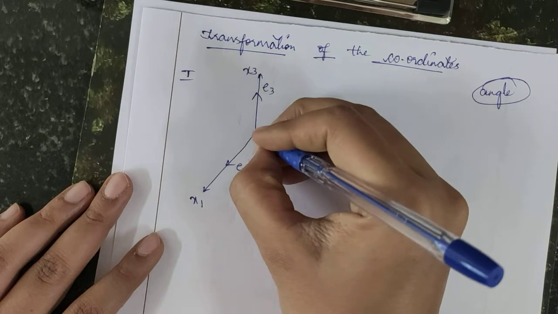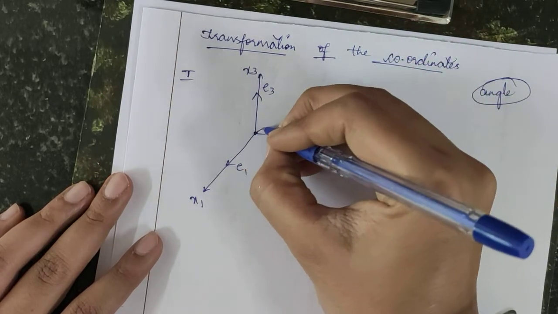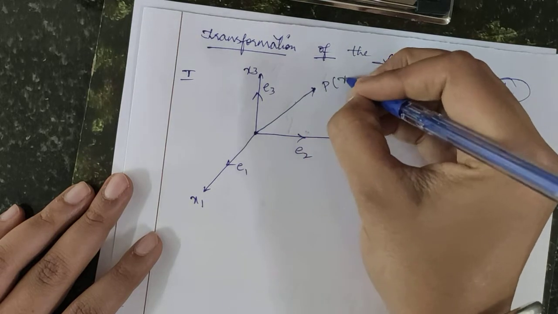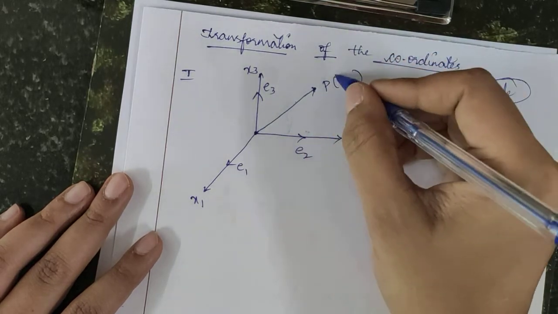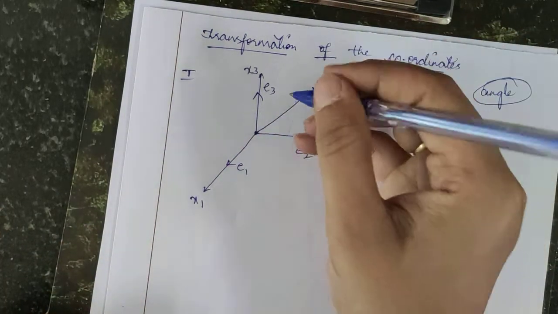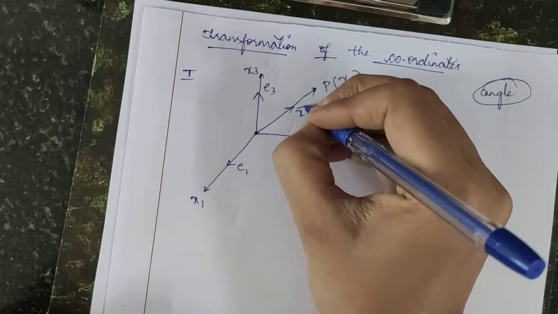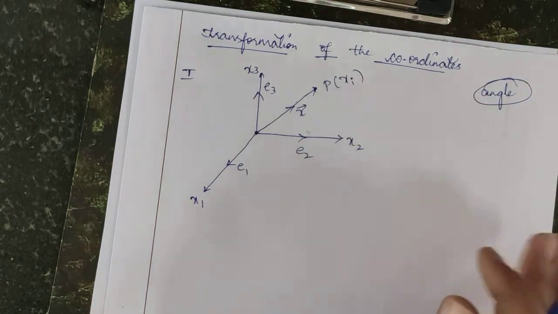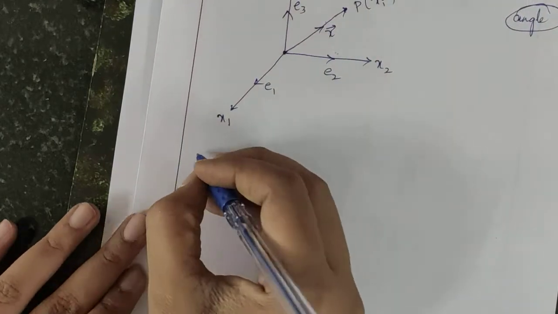Okay, so from this I will consider this is p of xi, point on the space, and for this the vector will be vector x. This is how I will indicate. Okay, so now the transformation takes place.